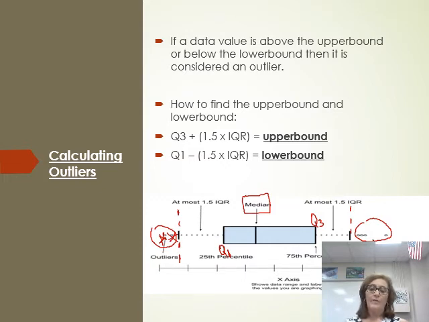So you can put them on the calculator, sometimes they're going to have a feature where you can make them a dot, or a square or something like that. But anything above or below that is considered an outlier. So when you're actually drawing this, it depends on how you're going to draw it, and we'll talk about that in just a little bit.